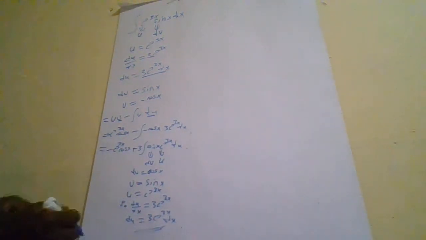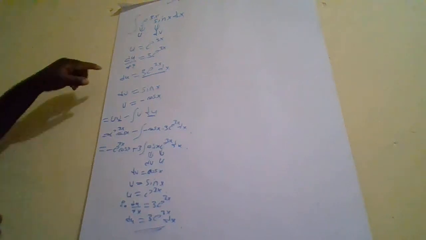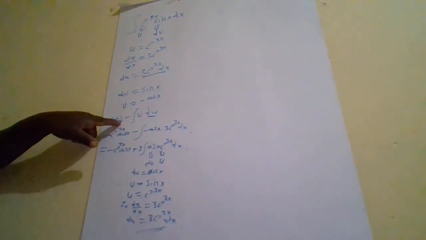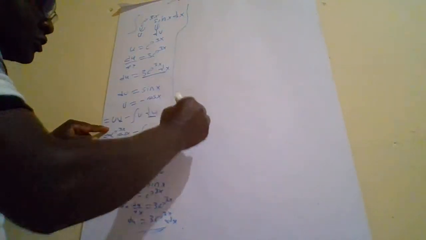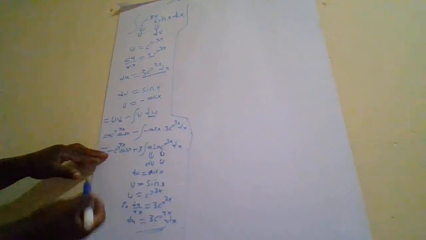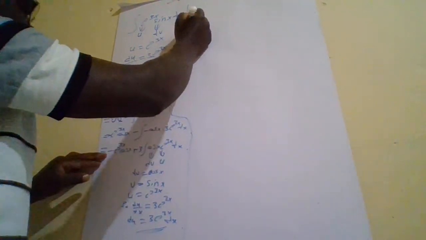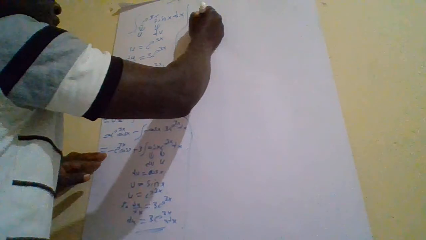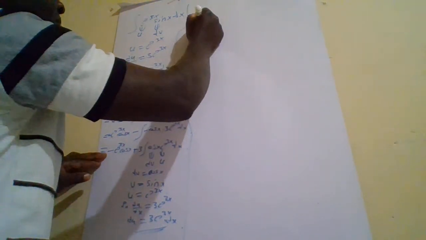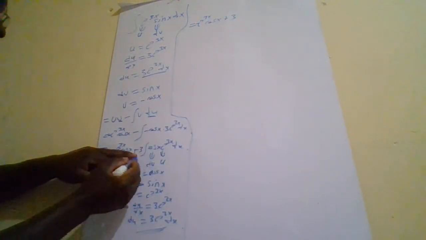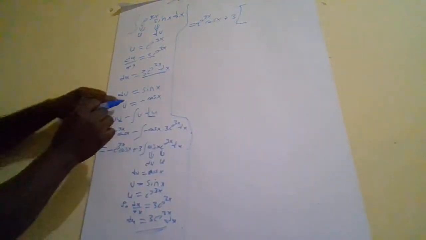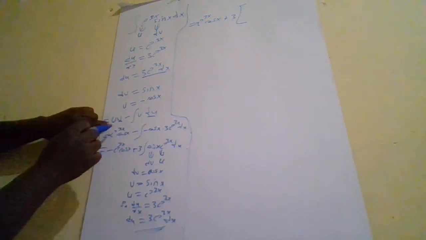So at this point, we again substitute in the integration by parts. The formula is uv minus the integral of v du. So we can write the equation equals e^(3x), minus e^(3x) cos x, then plus 3. But remember, we are integrating here with the integration by parts. So 3, we open the bracket and substitute in this uv.